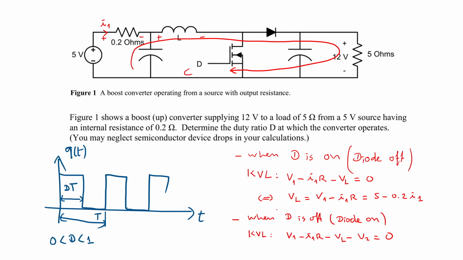Okay, good. Then you can find VL equal to V1 minus V2 minus I1 R, which is 5 volts minus 12 volts, so you have minus 7 minus 0.2 I1.